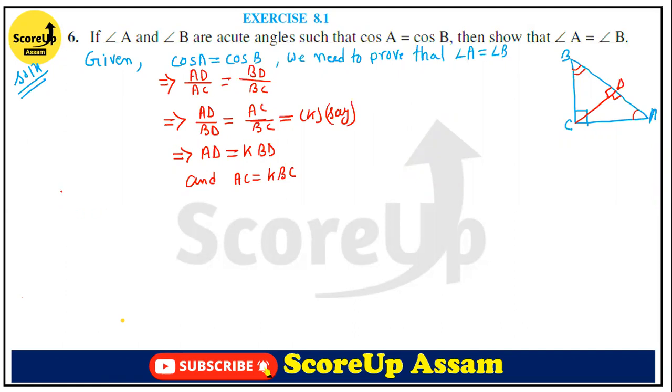Now applying Pythagoras theorem in triangle ADC and triangle BDC, what will we get?